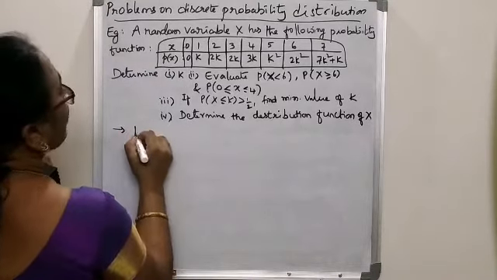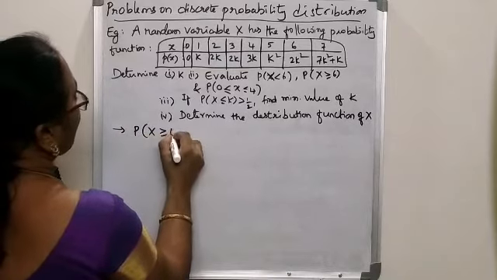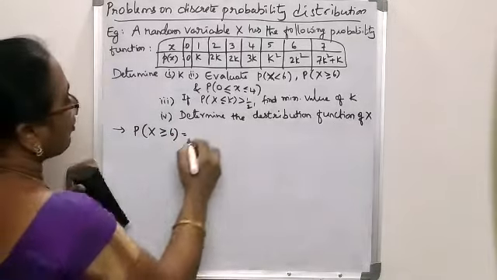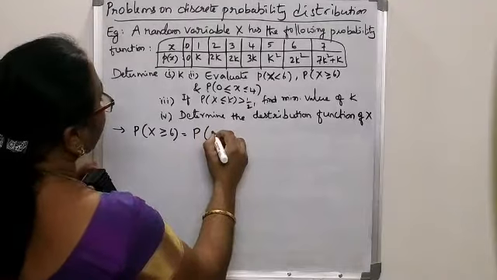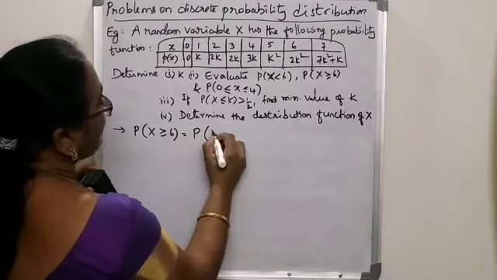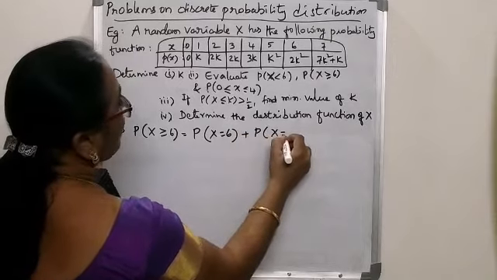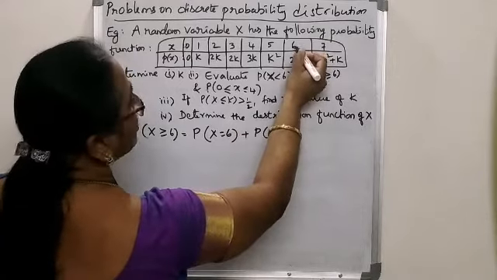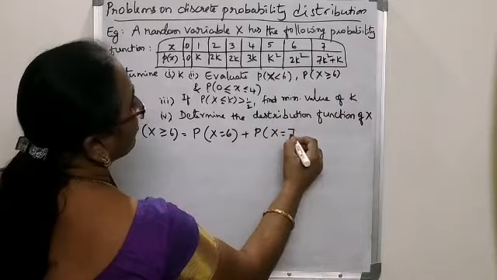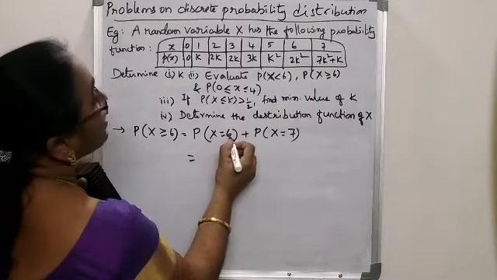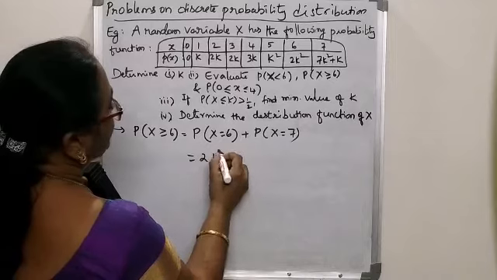Suppose we are going to calculate P of x greater than or equal to 6. It means P of x equal to 6 plus P of x equal to 7, which is the value of x greater than 6. Corresponding to P of x equal to 6 we have 2 into k square.